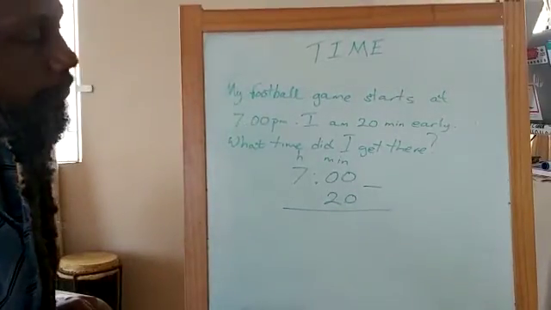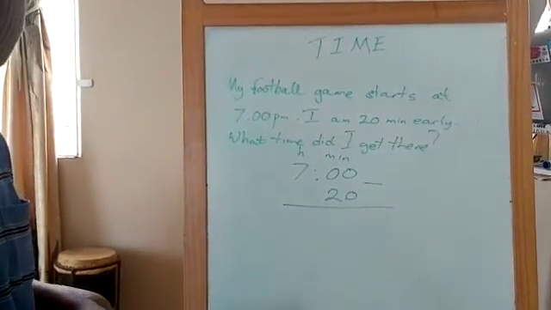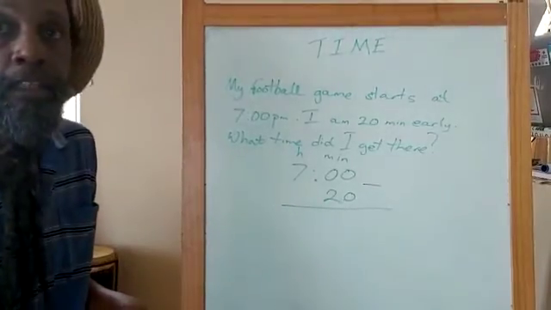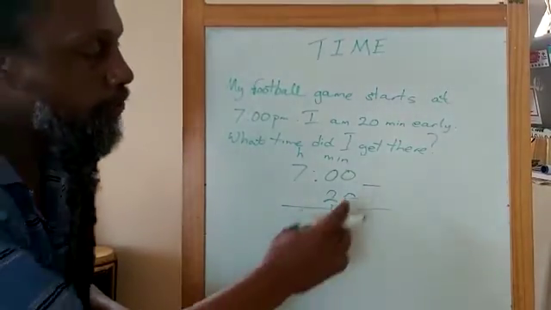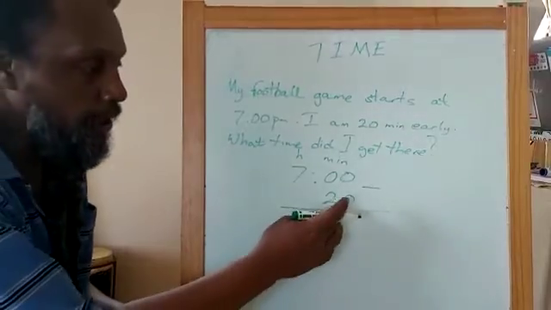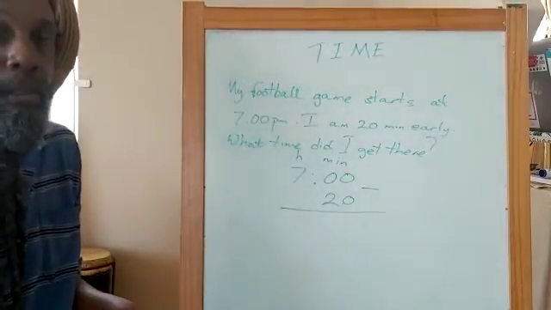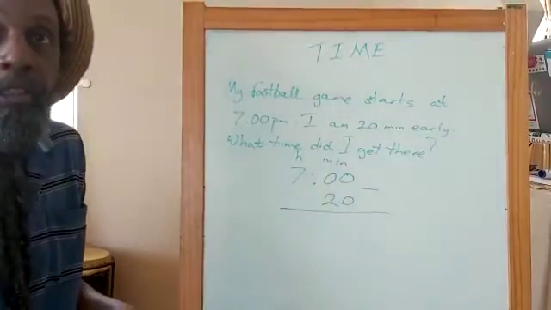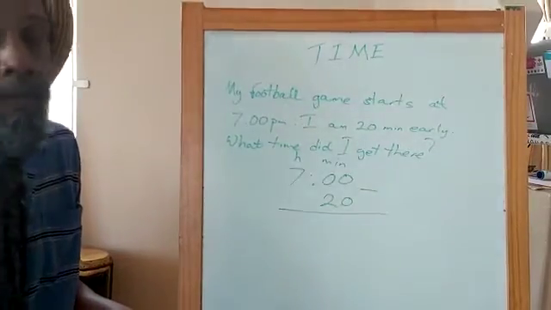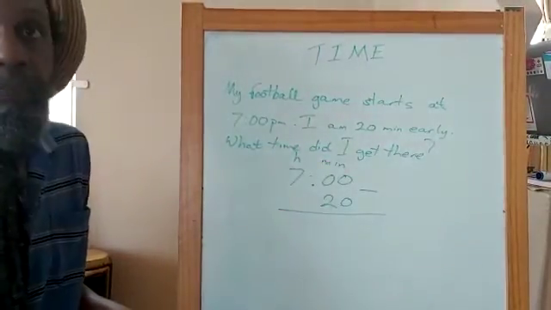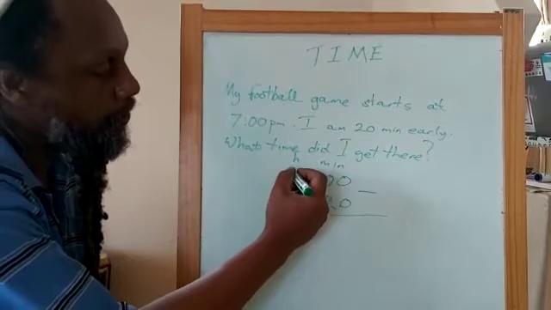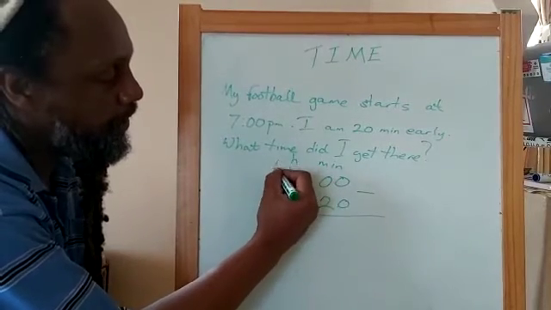So remember when we were doing our subtraction, I'm looking here, I don't have any minutes, but I need to take away 20 minutes. So I need to go over here to my hours and take an hour to bring over to my minutes. So I'm taking away 1 hour, which will leave me with 6 hours.